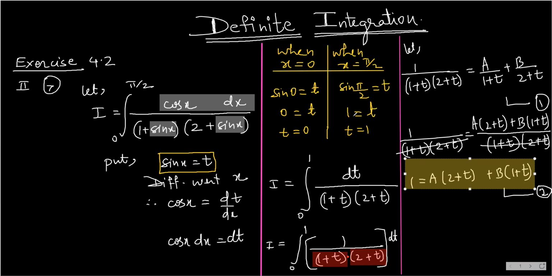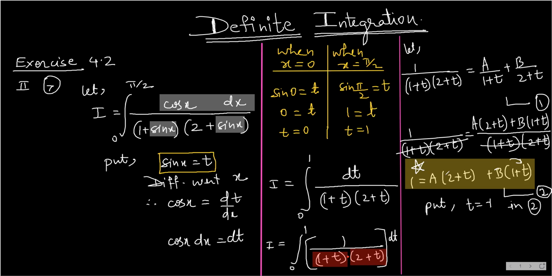Since my aim is to find the values of a and b, I will find them by eliminating one at a time. In order to find a, I will eliminate b. I put t equals -1 in equation 2, since it is true for all values of t.